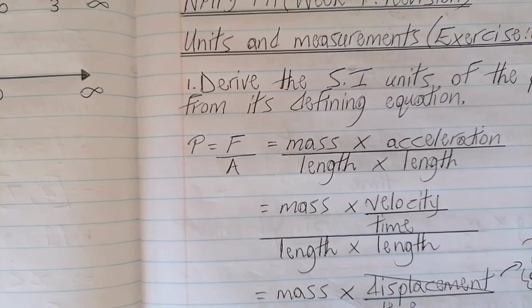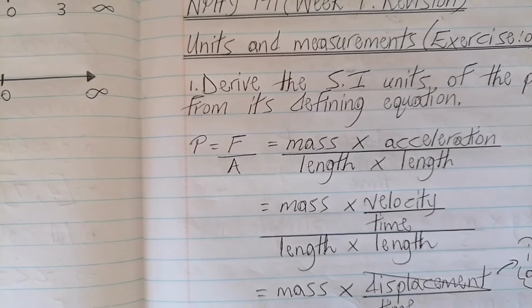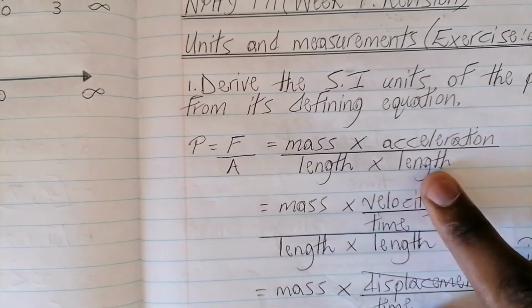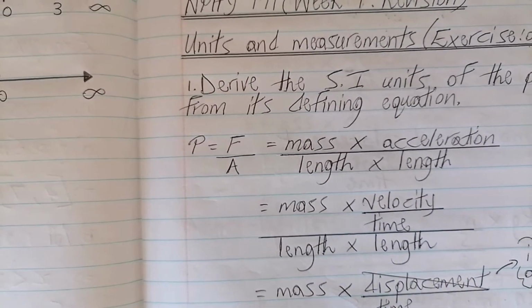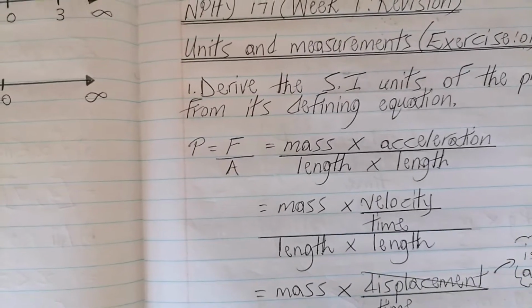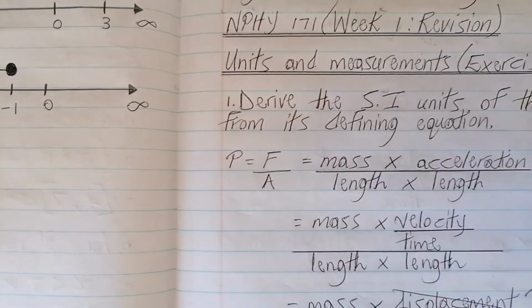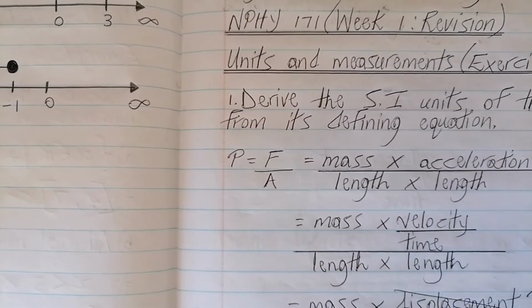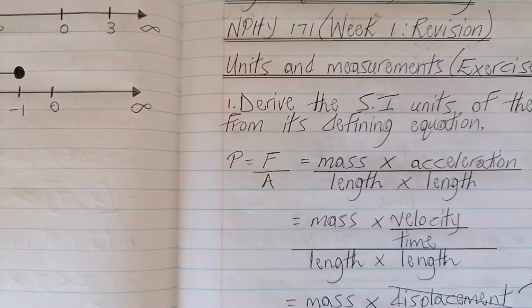Now in physics, we denote length in meters, meaning that if we have a meter multiplied by a meter, we're going to get m squared, which is the area. So in physics, we denote area as m squared, volume as m cubed. Okay, that's not the point. The point is over here.